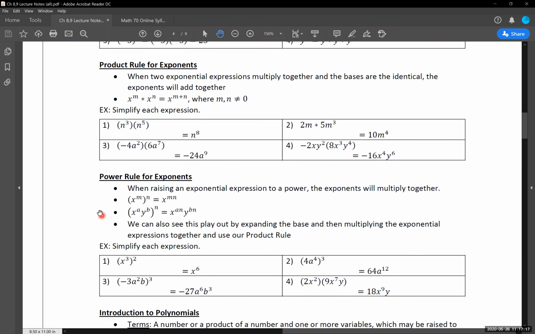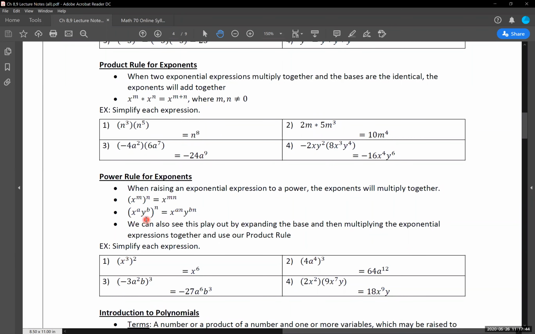The other instance that we have is a product being raised to a power. So here we're starting with x to the a times y to the b, all raised to the n power. So similar idea, x to the a raised to the n, we can multiply those exponents together. So I get x to the a times n for my first expression, my first base.